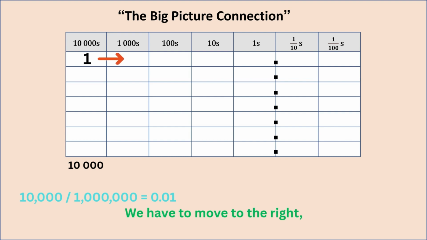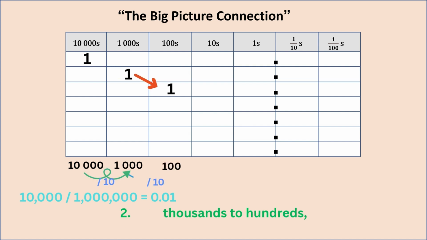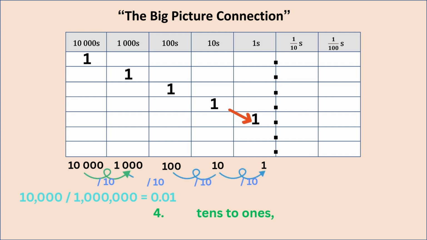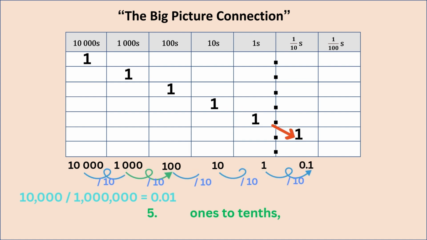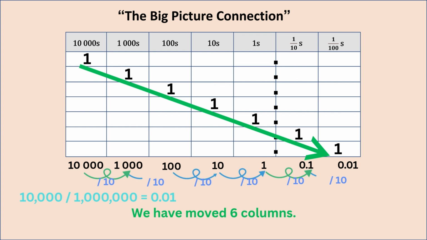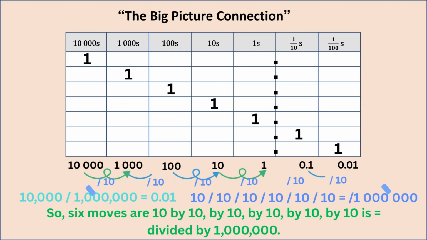We have to move to the right: 1, 10,000s to thousands; 2, thousands to hundreds; 3, hundreds to tens; 4, tens to ones; 5, ones to tenths; 6, tenths to hundredths. We have moved 6 columns. Each move divides by 10. So, 6 moves are divided by 10 six times, which equals divided by 1,000,000.